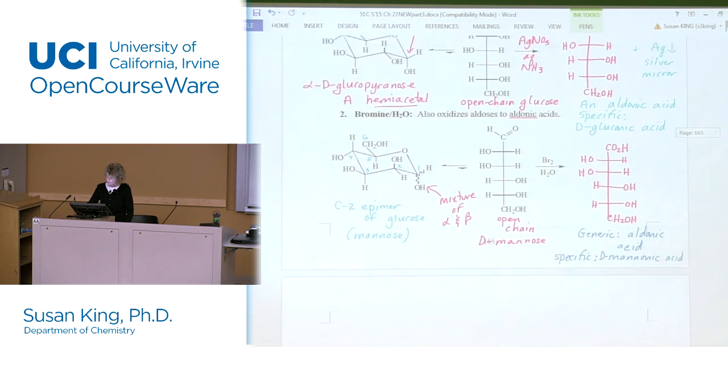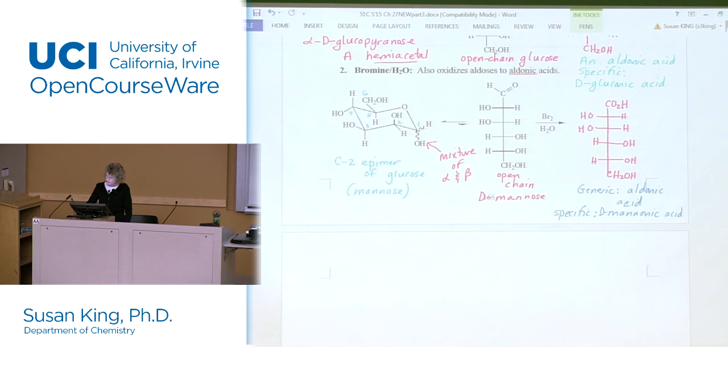D-mannonic acid. Now, what's going to happen with the D-mannonic acid is it's going to want to cyclize. So I'm going to have a long arrow here. It's on this next page, but it's going to want to cyclize. So here's what it's going to look like.